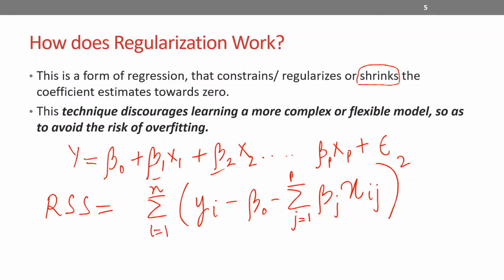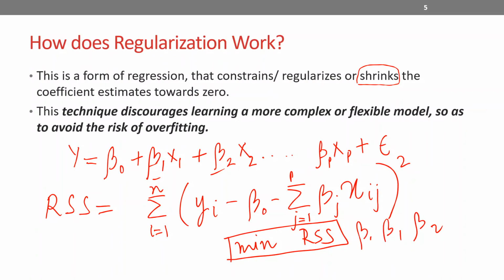We find the coefficients using training data, and if there is noise in the data, the model won't generalize well. What does that mean? I'll train this model and minimize my RSS, so my objective function is to minimize my RSS. This will work really well. It'll give me the values of beta 0, beta 1, beta 2, and all the betas if I solve this problem using training data.